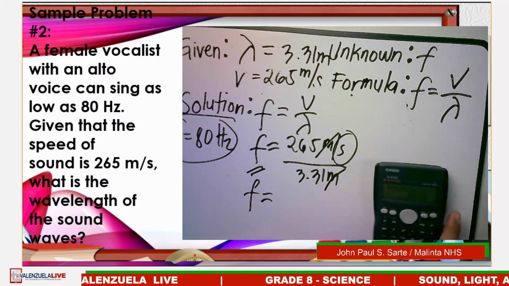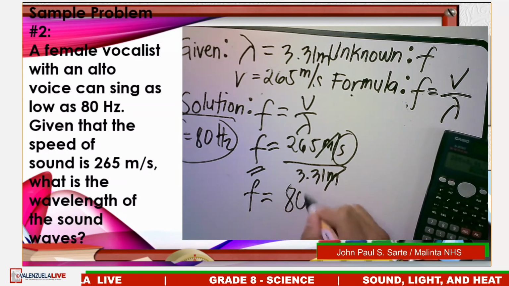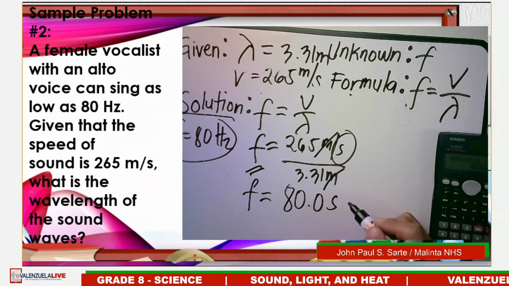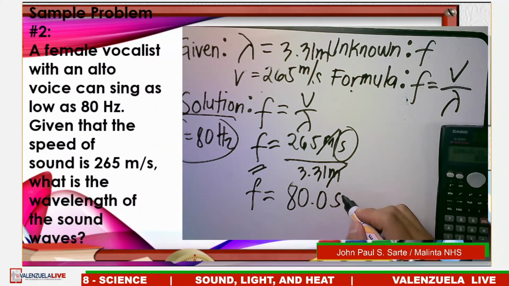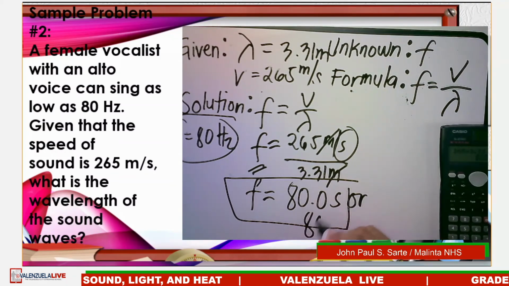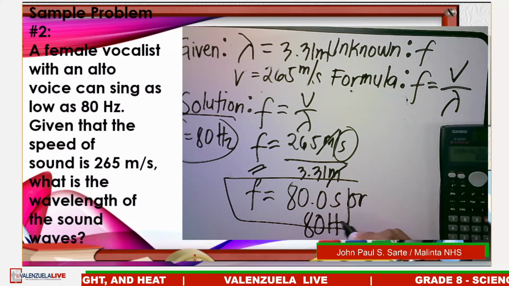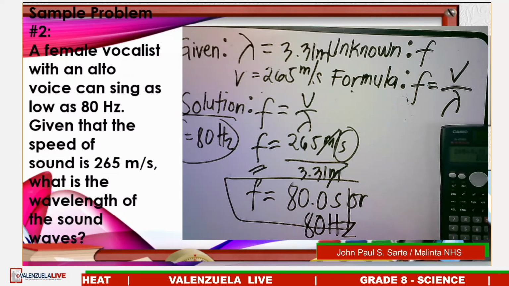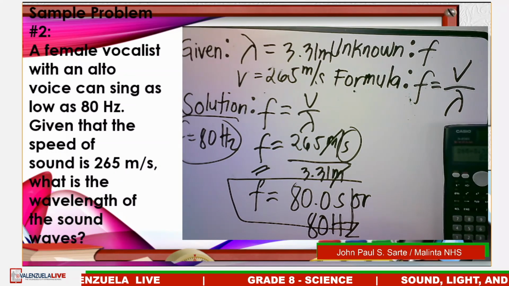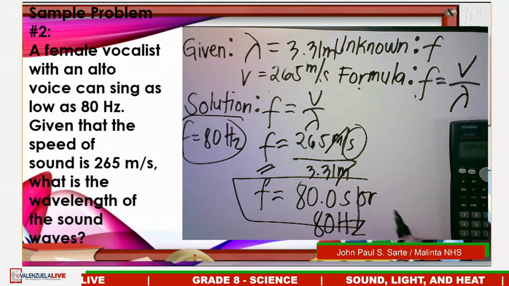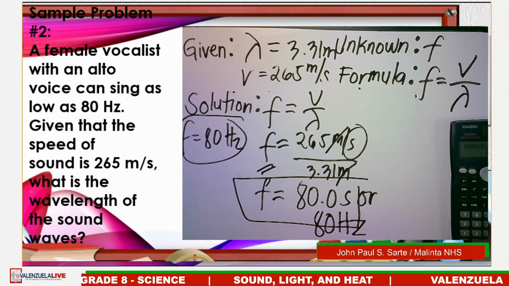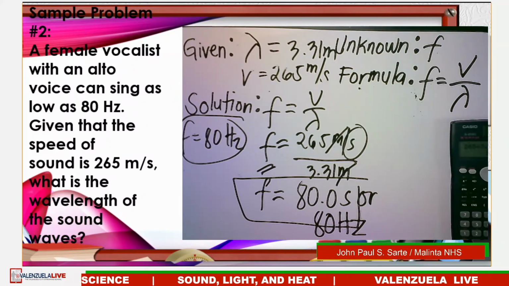The answer would be 80.0 per second, or 80 hertz. Any questions so far, class? I hope you learned a lot from this computation. So let us go back now to our discussion.